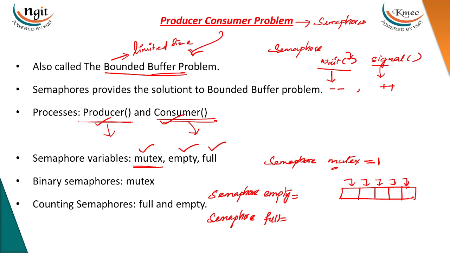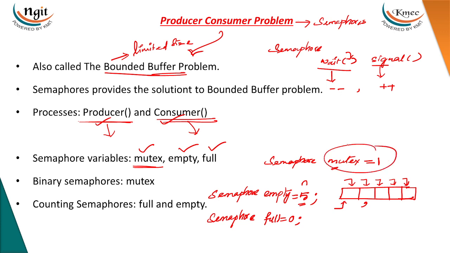Initially there are no items in the buffer, so all n locations are empty. I will take 5, so empty will be initialized to 5. How many items are in the buffer? 0. That means how many locations are filled? 0. So full will be initialized to 0.